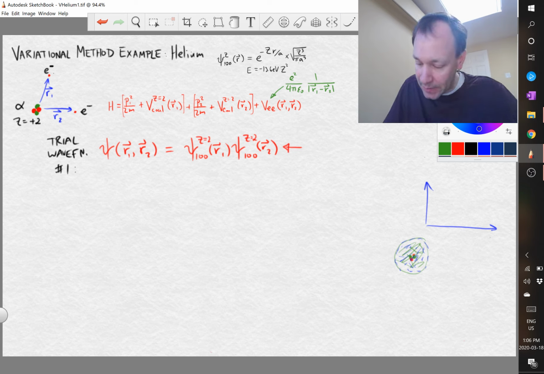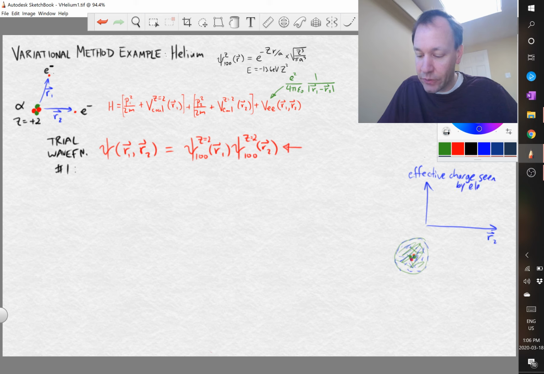And so we could make a plot. This would be R2 on the x-axis, and the y-axis is going to be the effective charge seen by electron 2.